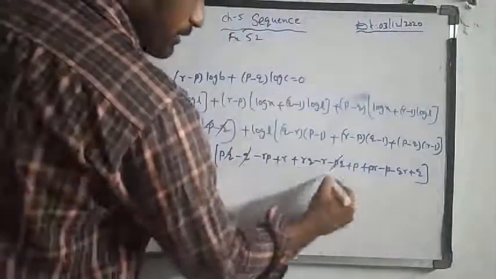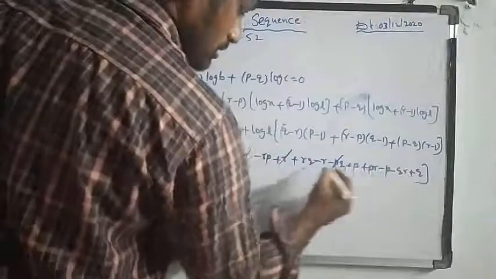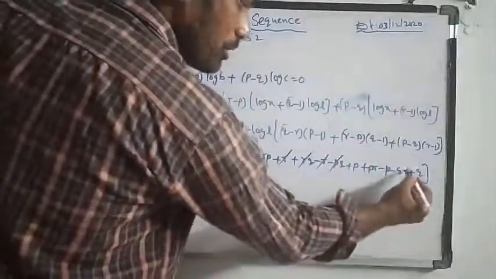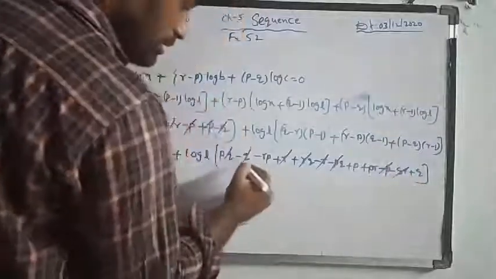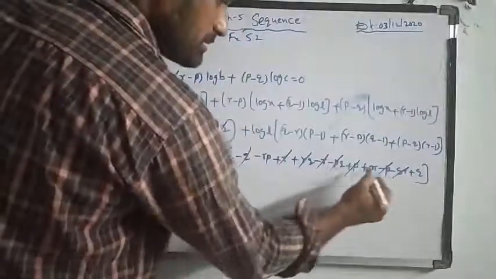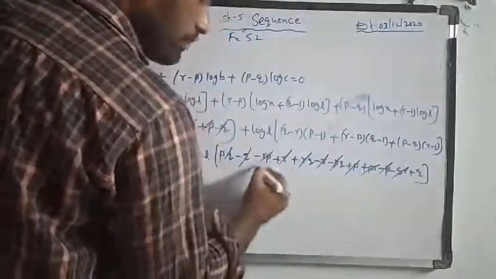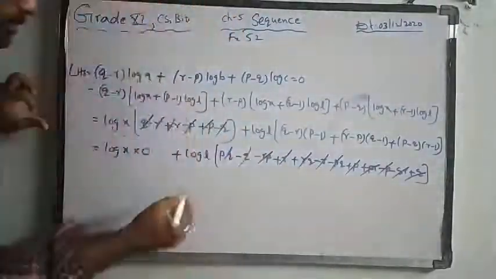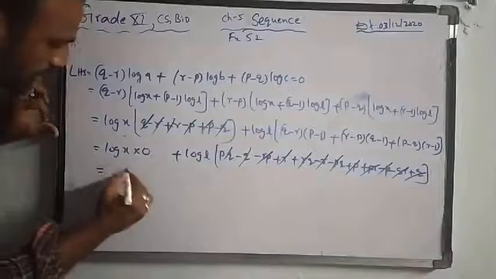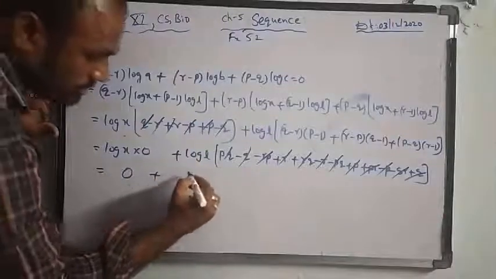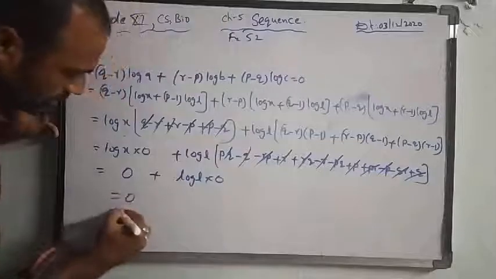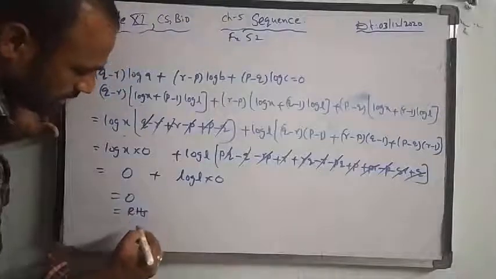So pq gets cancelled, r and r get cancelled, rq gets cancelled, p and p get cancelled, pr and pr get cancelled, q and q get cancelled. So totally it is also 0. So log x into 0 is 0, and log L value into 0 is 0. So that is totally 0, which is equal to the RHS. Hence proved.